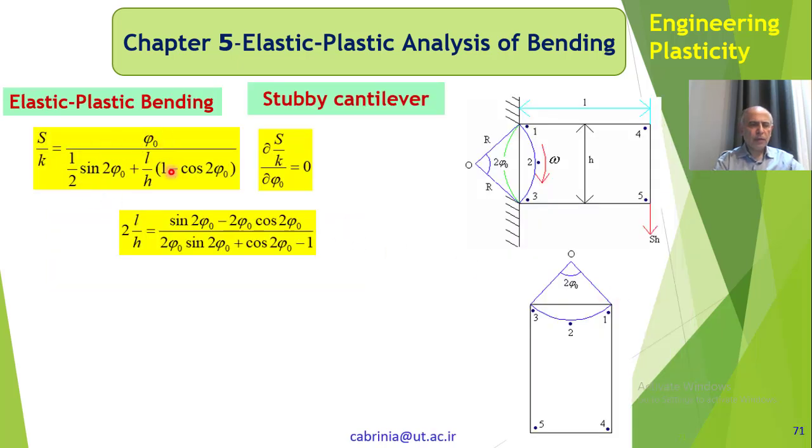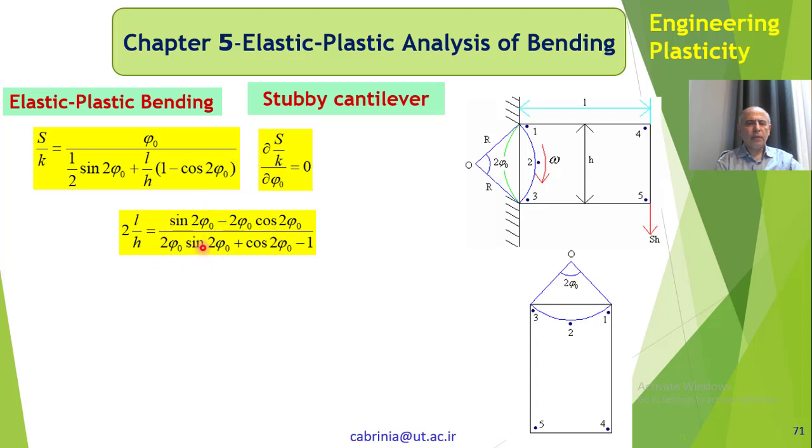I have a couple of things in here that are unknown. For instance, phi naught, and of course L and H, we can, if we put numbers for them, then we are okay. So we have to determine phi naught. So I differentiate relative to phi naught and put it equal to 0 to see what value I obtain.